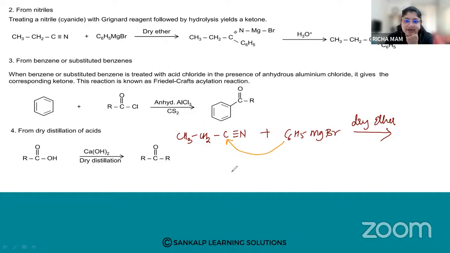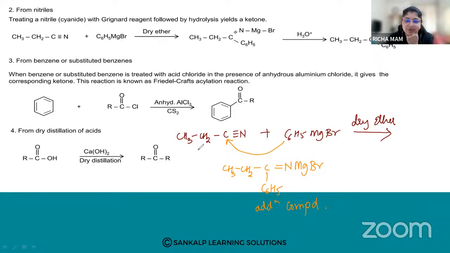So what you are going to get? CH3 CH2 C, then C6H5, double bond N, MgBr. So this is my addition compound.